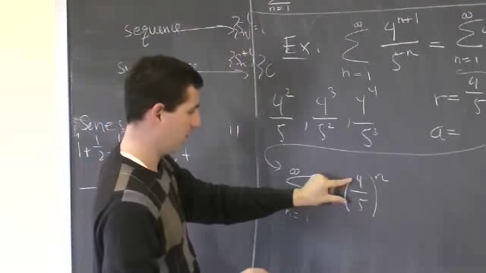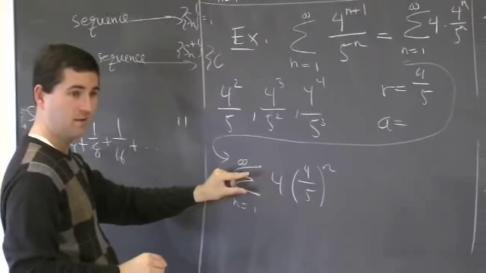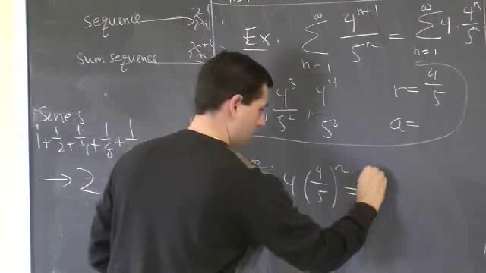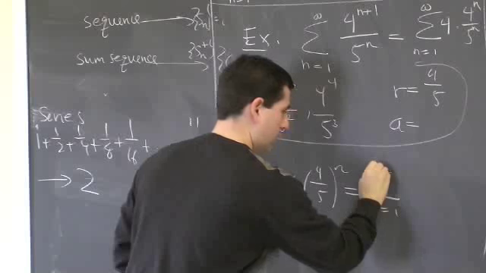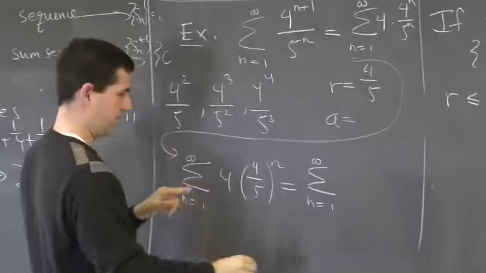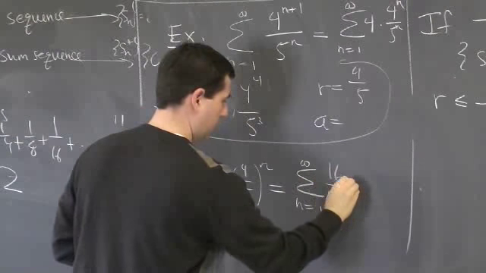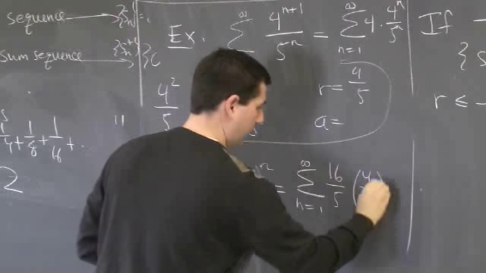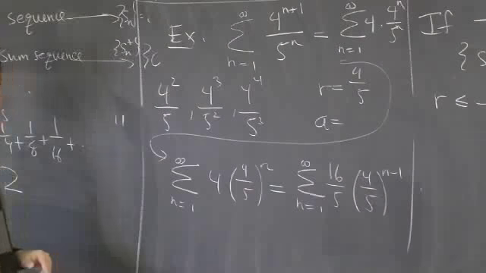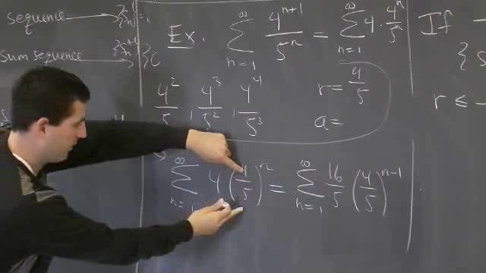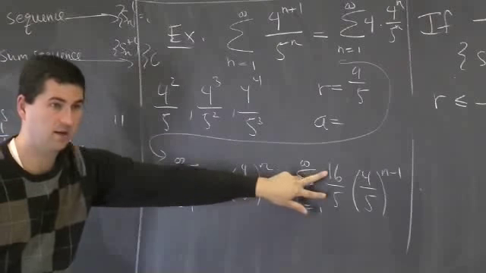So I want to pull out another 4/5, and that'll get me an n minus 1. So I have 4 times 4/5, which is 16/5, times 4 over 5 to the n minus 1. I just took one of these 4/5 and pulled it out, and that's how I got 16/5.